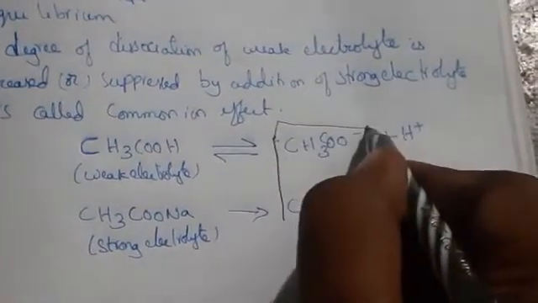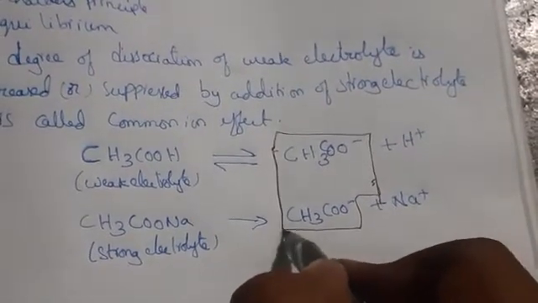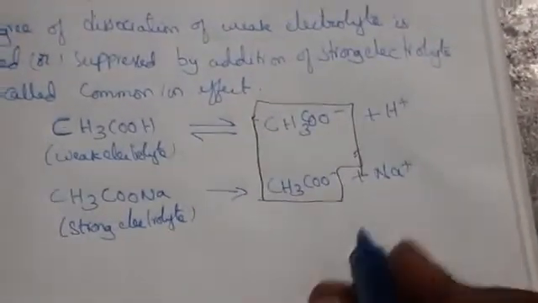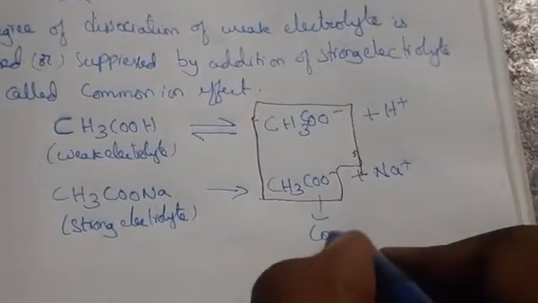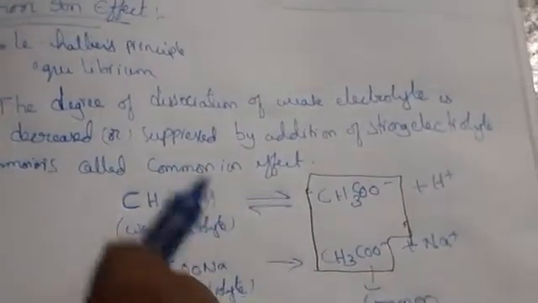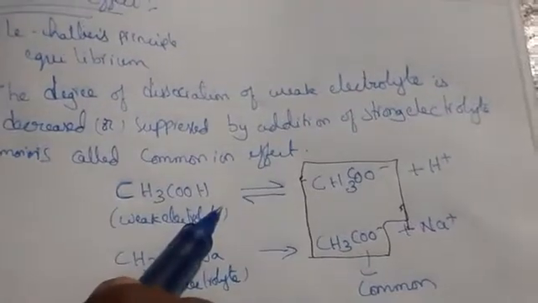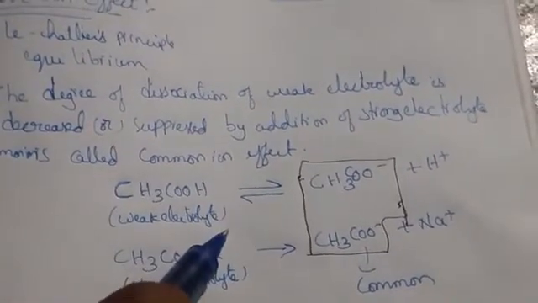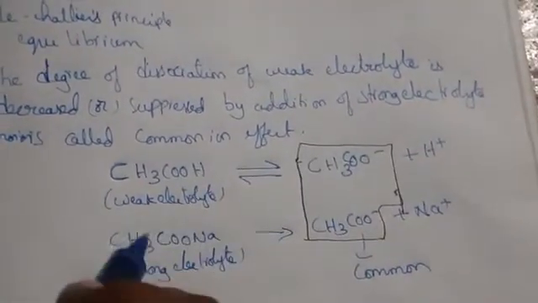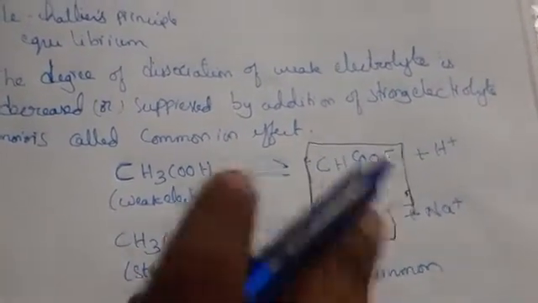The common ion is acetate. So according to the definition, the degree of dissociation of the weak electrolyte is decreased, because of the addition of a strong electrolyte having a common ion.